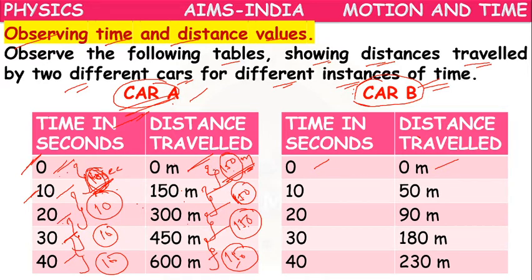So by this we can tell car A is covering equal distances in equal intervals of time. First 10 seconds, next 10 seconds, next 10 seconds, next 10. For all 10 seconds, it is covering 150 meter distance.